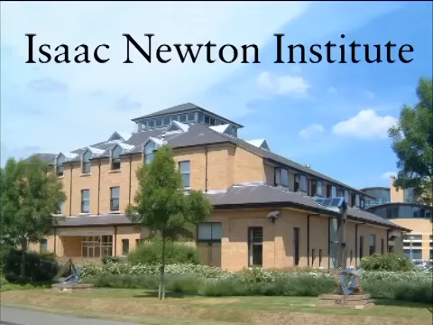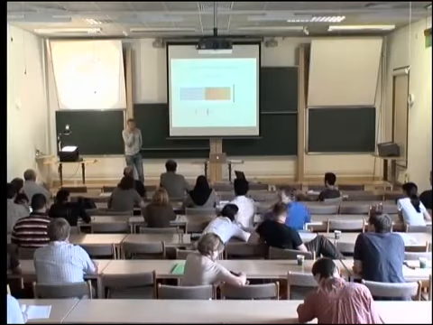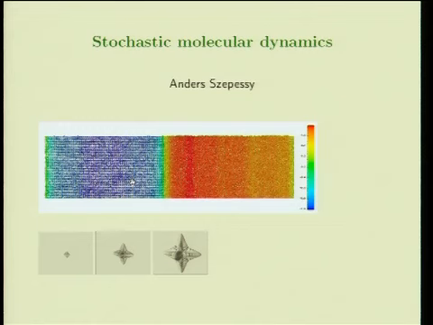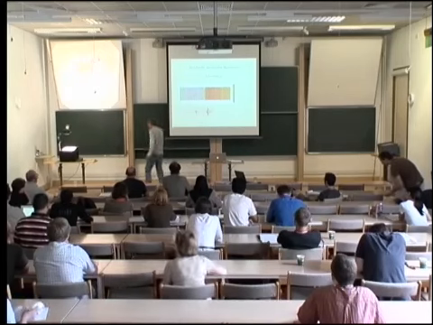I want to talk about these two pictures. In the upper picture you see molecular dynamics in some sense, and in the lower picture is a simulation of growing dendrites with the stochastic Allen-Cahn equation.